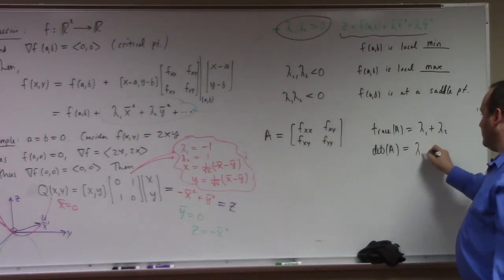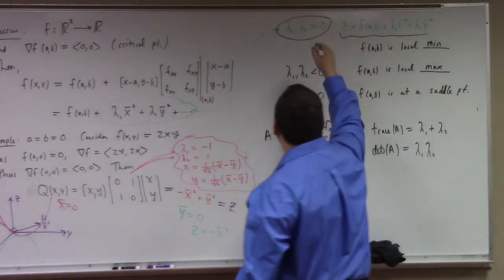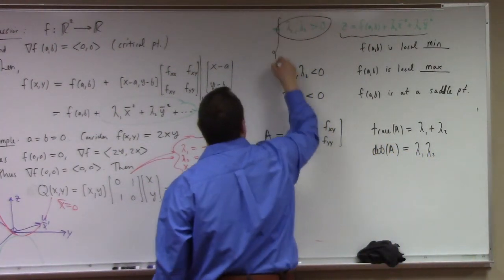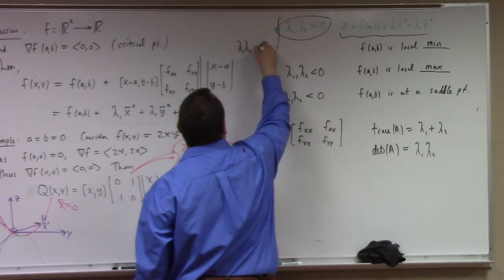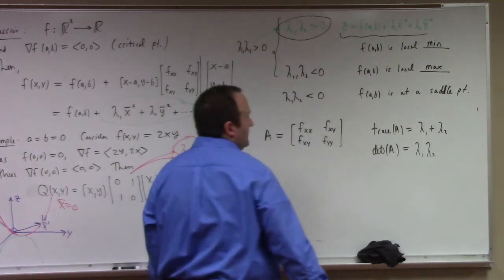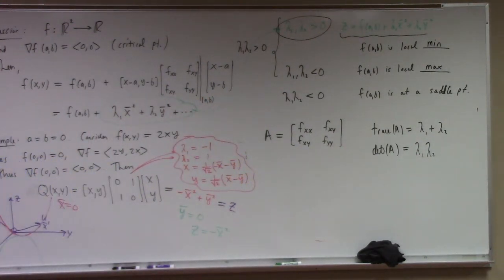The product of the eigenvalues. Look at these 2 top cases. Did you notice something? They have a positive product of the eigenvalues. So you can group the min-max case into one case, when the product of the eigenvalues is positive. It's either plus plus or minus minus, but the product is positive.